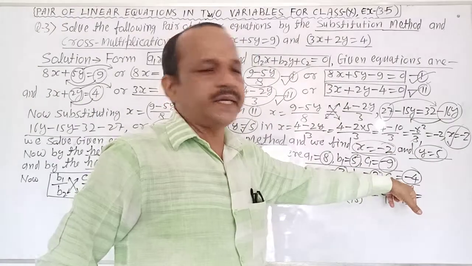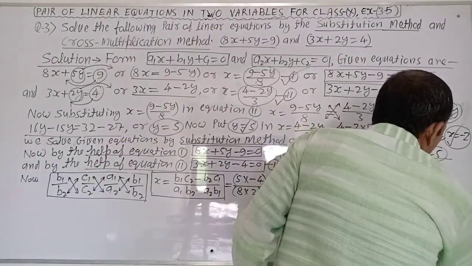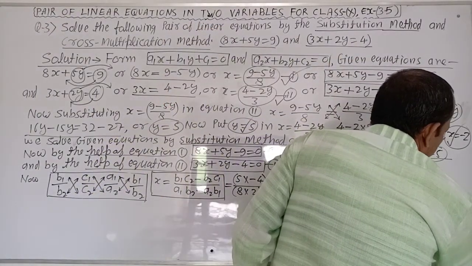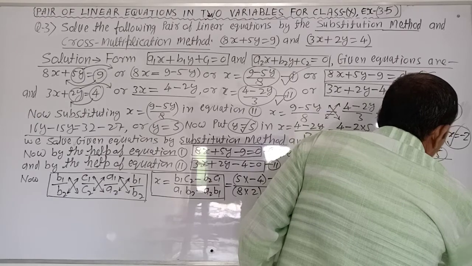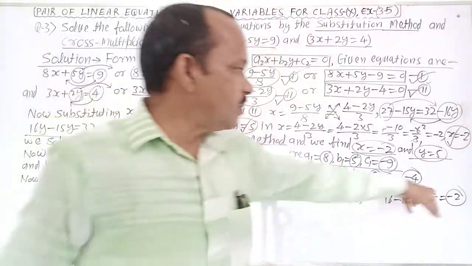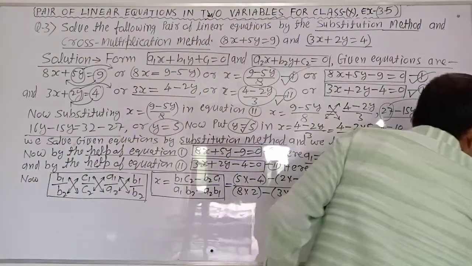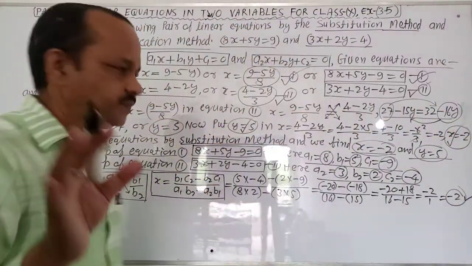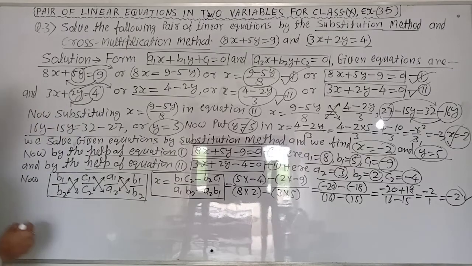Here you subtract it: minus 2 upon 1 equal to minus 2. You find x equal to minus 2. Clear?